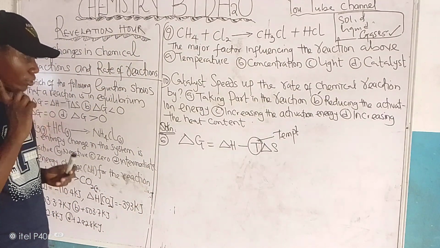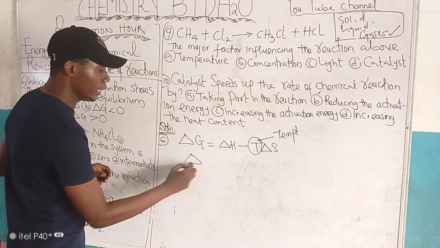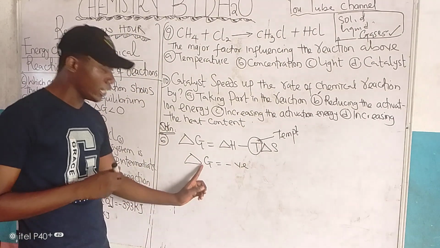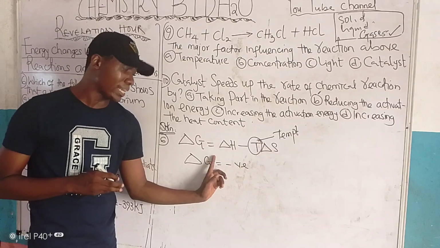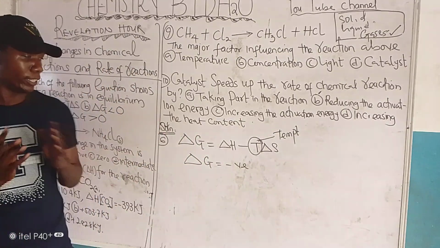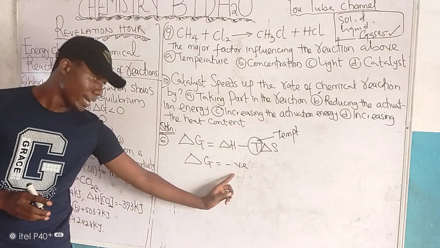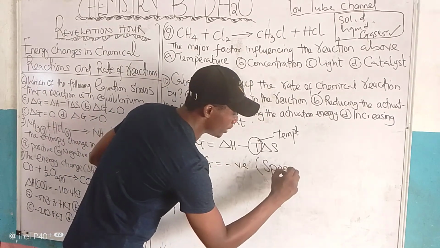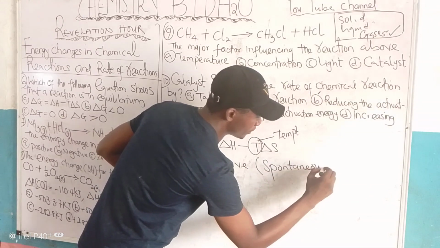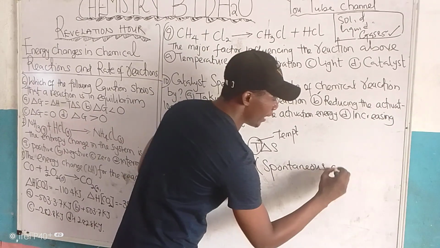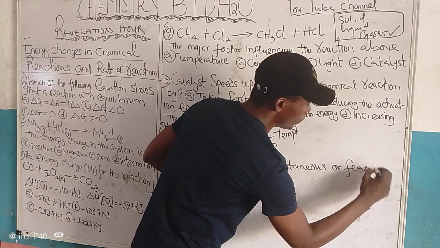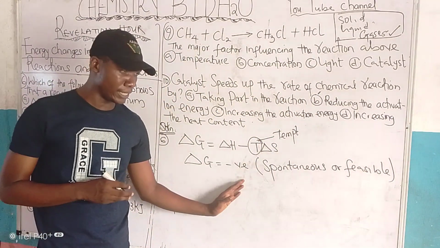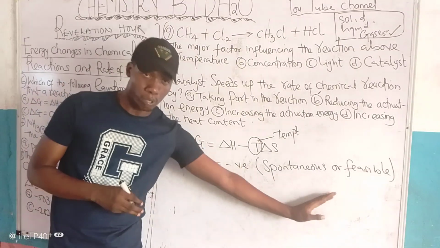Now, I want you to note this, please. If your Gibbs free energy is negative, like I told you, this determines whether a reaction is spontaneous or not. If your Gibbs free energy is negative, we say that the reaction is spontaneous. Please take note of that. Or we say that the reaction is what? Feasible. So whenever your Gibbs free energy is negative, the reaction is said to be spontaneous.